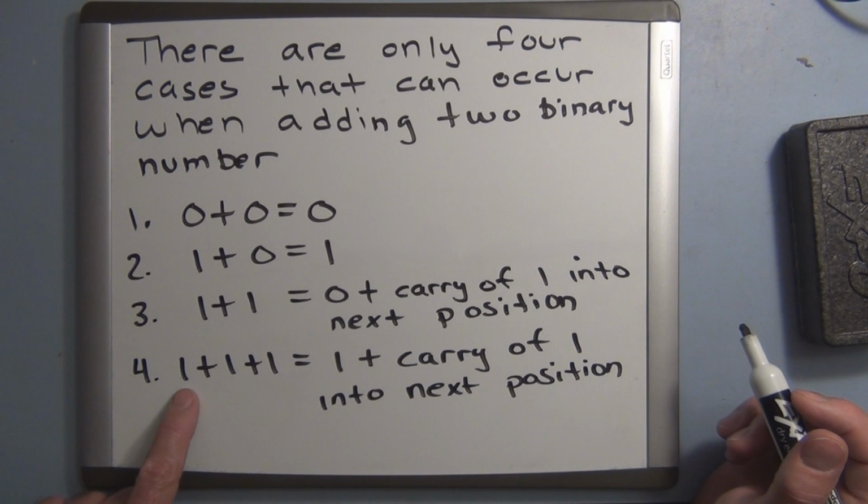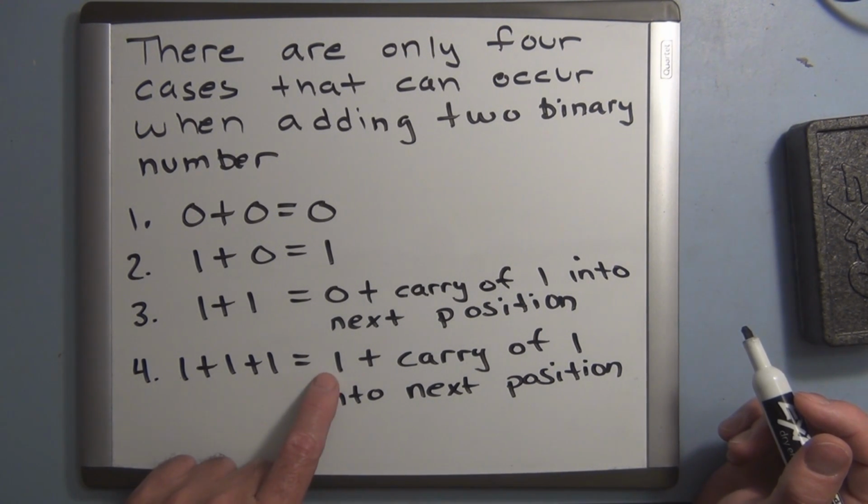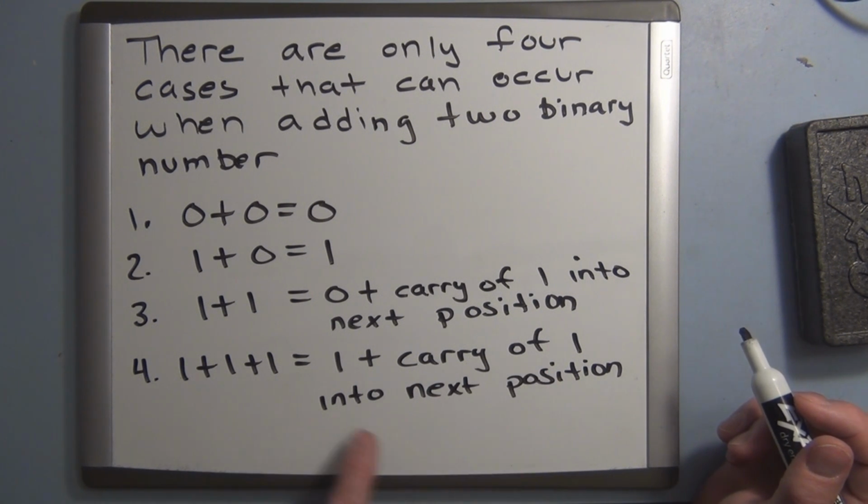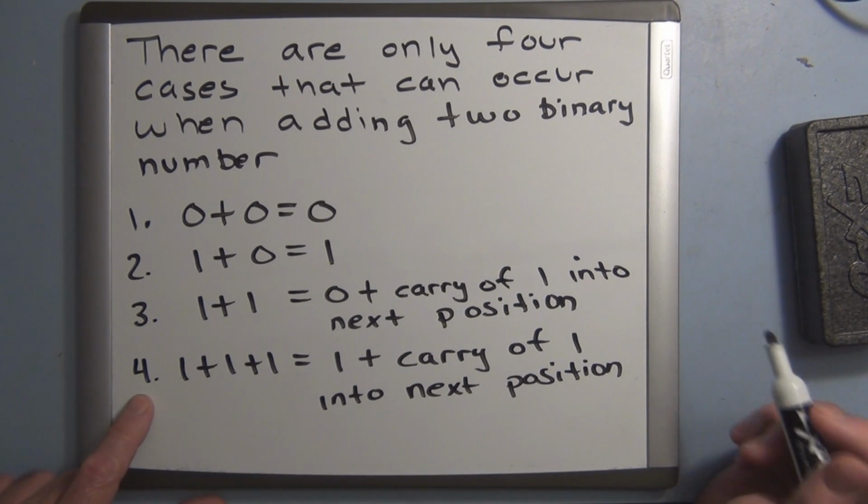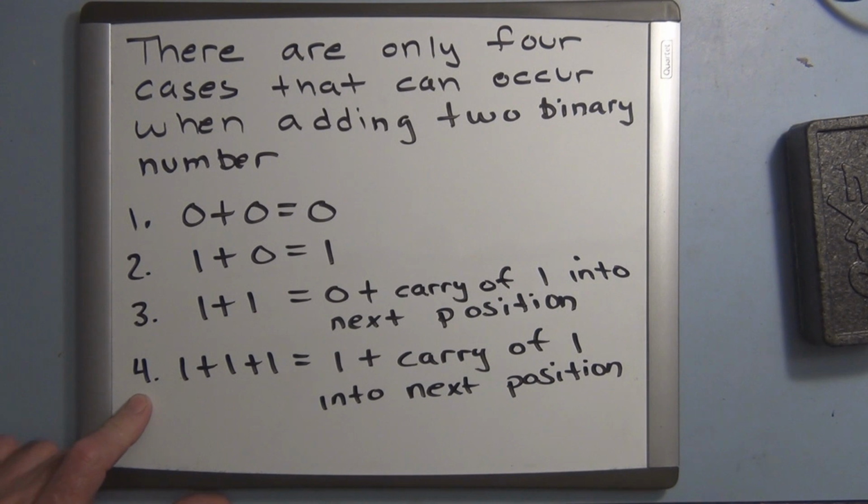And 4, a 1 plus a 1 plus a 1 is equal to a 1 plus a carry of 1 into the next position. Now this last case, number 4, occurs when you have two 1's in a position and you have a 1 carried from the previous position. That will result in adding 3 1's.